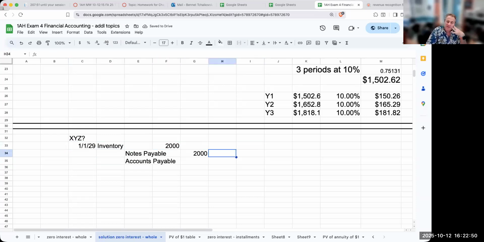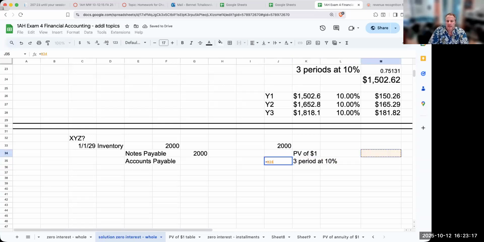Well, we've got the same issue here, right? And what is that issue? Well, $1 today is not the same as $1 tomorrow. So if I'm not paying out $2,000 until 3 years from now, this is really not the same thing. So what I need to do is to say a present value of $1. I'm not going to have to pay it out for 3 periods at 10%.